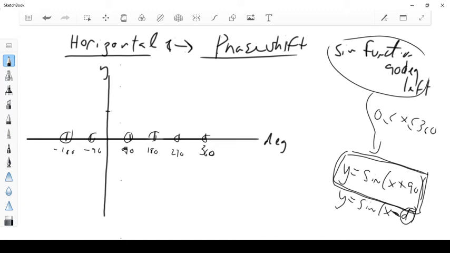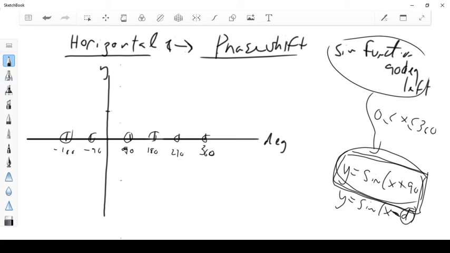Okay, just to be clear, because I've given you a lot of information here, if I am going to take a sine function and shift it 90 degrees to the left, in other words, a phase shift 90 degrees to the left, then the equation for it would be y equals sine bracket x plus 90. Okay, so how do we go about doing this shift? Well, watch what happens.